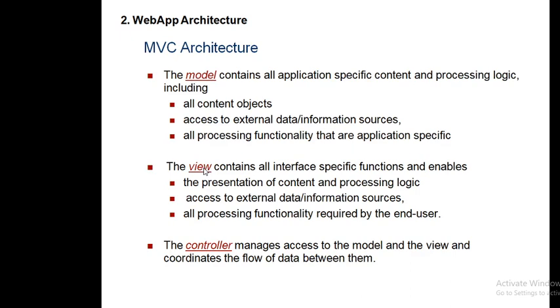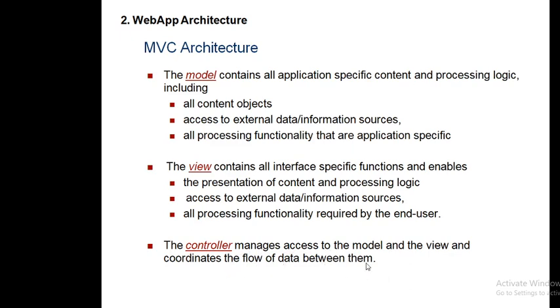Then the second area is view. View contains all interface specific objects and enables the presentation of content and processing logics, access of external data and information, and all processing functionality required by the end user. The third one is controller. The controller module manages the access to the model and the view and coordinates the flow of data between them.